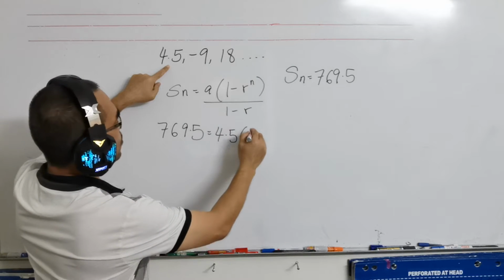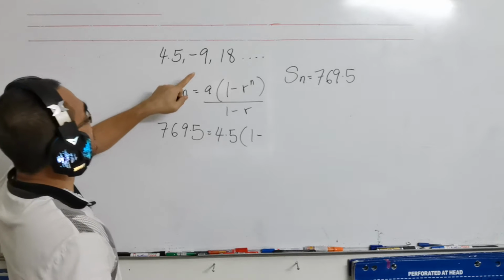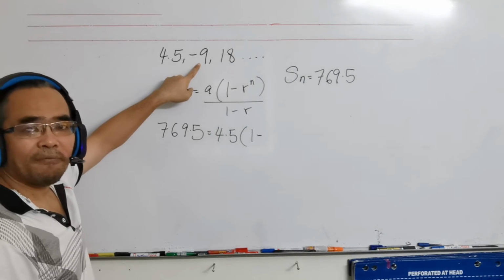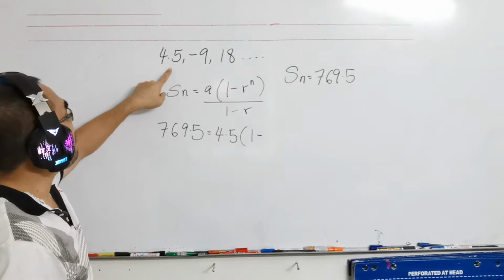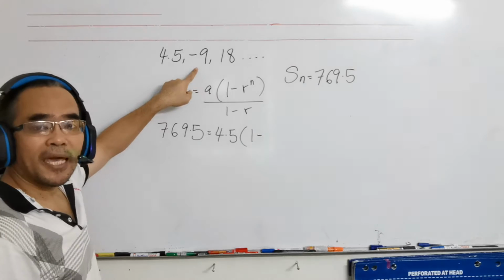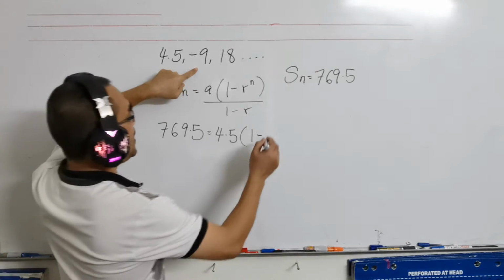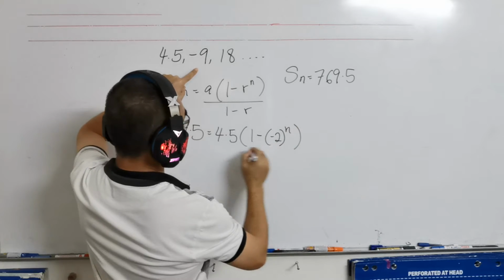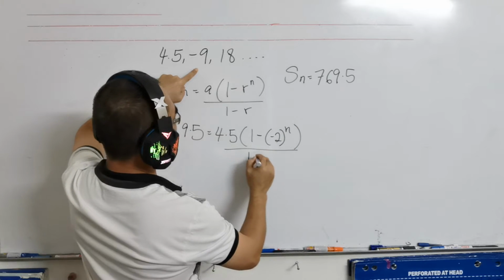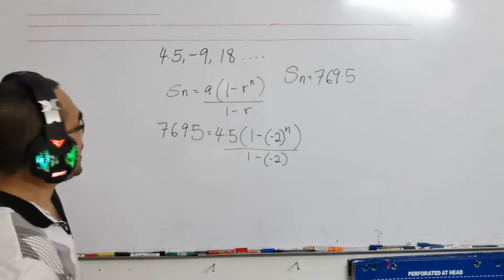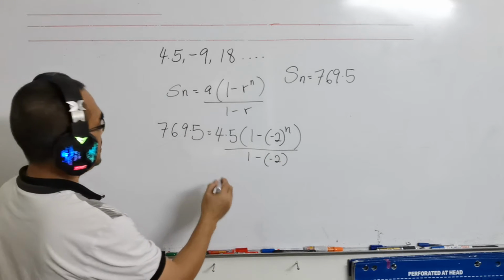And then r will be negative 2, because negative 9 divided by 4.5, or 18 divided by negative 9, you get negative 2. So 1 minus negative 2. And we can solve this.